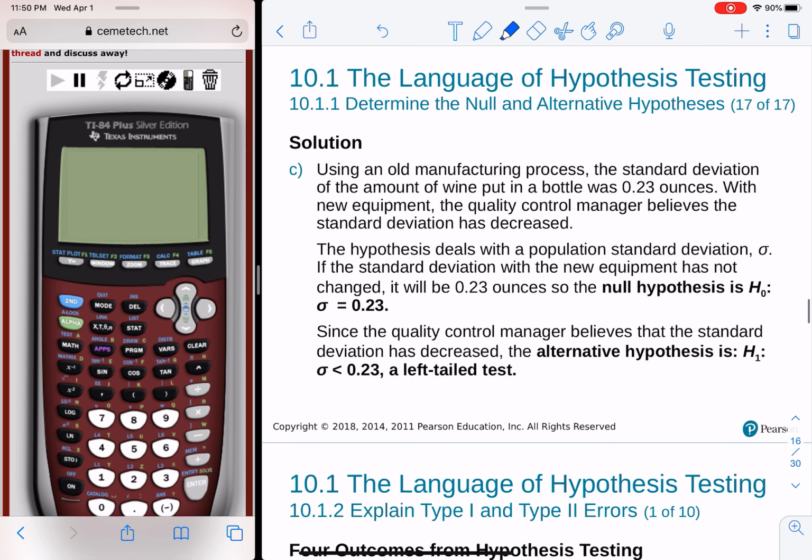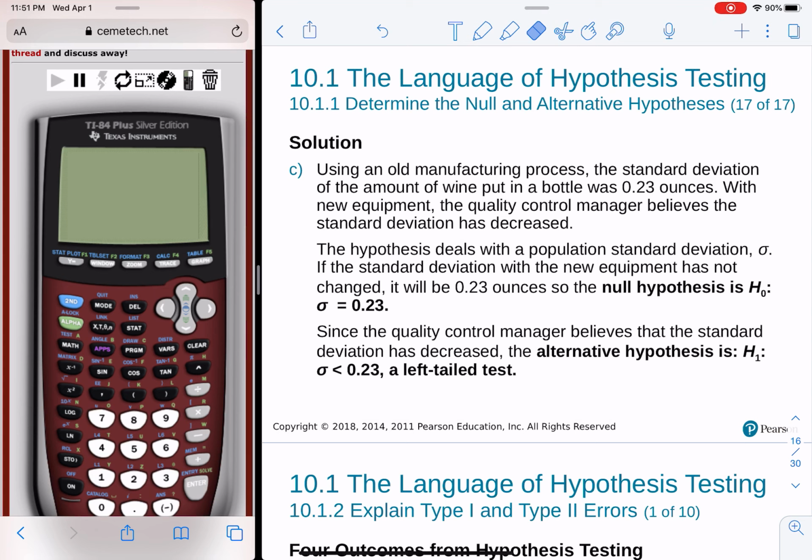I just wanted to take a look at what they're going over. We actually addressed this previously. So this goes back to the amount of wine put in a bottle, and the status quo, or the current measurement, is that it is equal to 0.23 ounces.